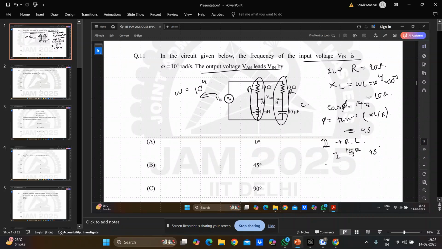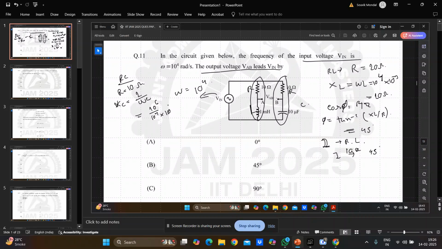Now what happens for the RC circuit? Okay, so for the RC circuit, let's note that R is again 10 ohm, and the XC, that is capacitive reactance, is 1 by omega C. There is an imaginary part there, but I am taking only the magnitude now. So it is 10 to the power 4 into 10 into 10 to the power minus 6 because it is 10 microfarad.